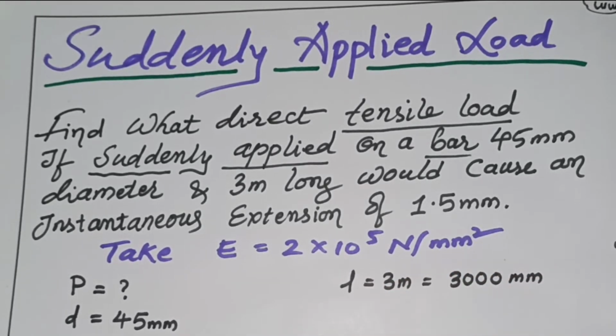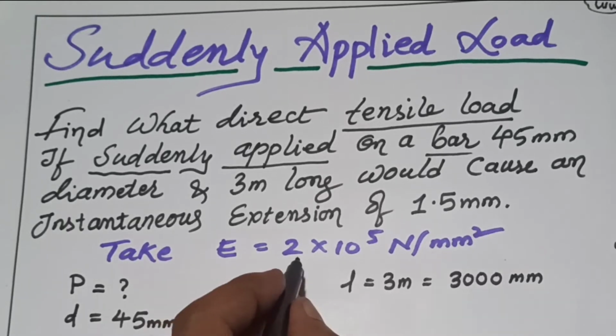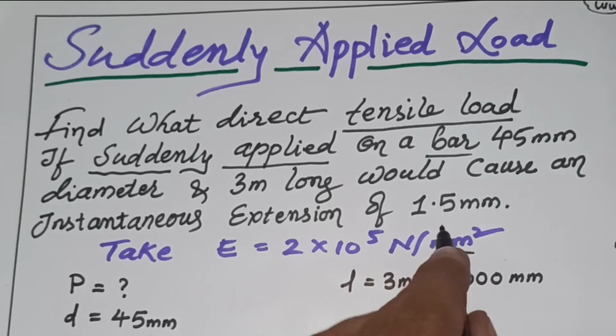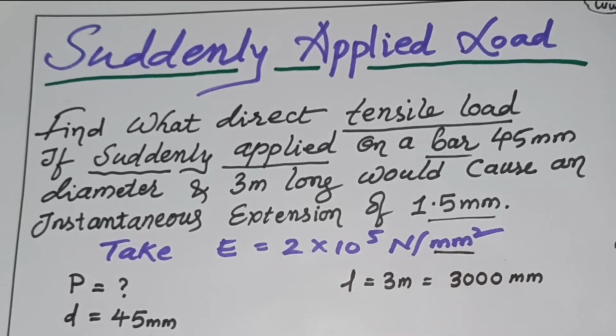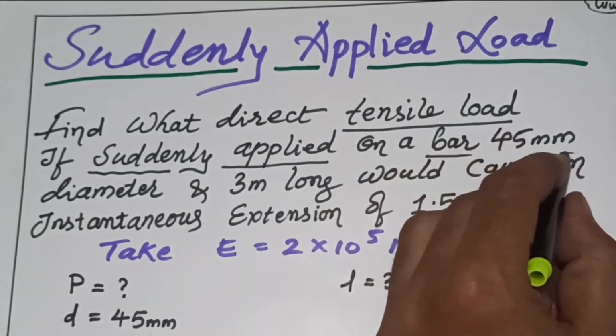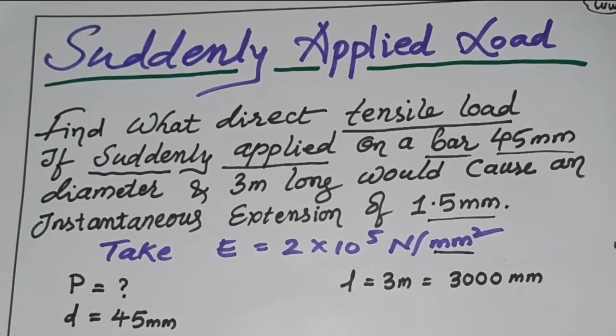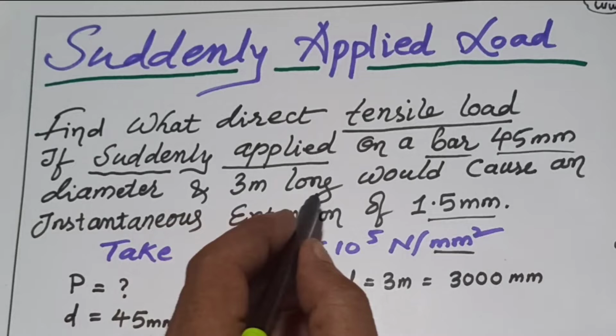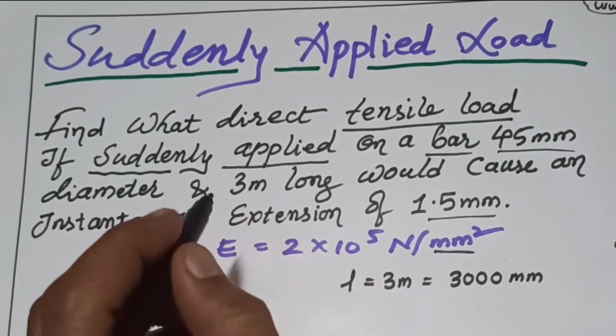All other dimensions are taken in millimeter, because the stress, the extension and the diameter are also given in millimeter. So the majority of the parameters are in millimeter, so better to go through all dimensions in millimeter. Now the 3 meter length we have already converted.